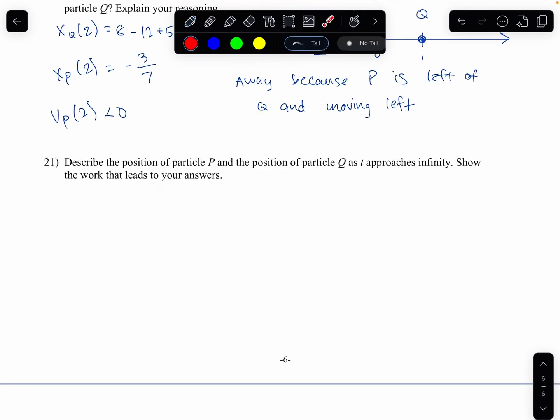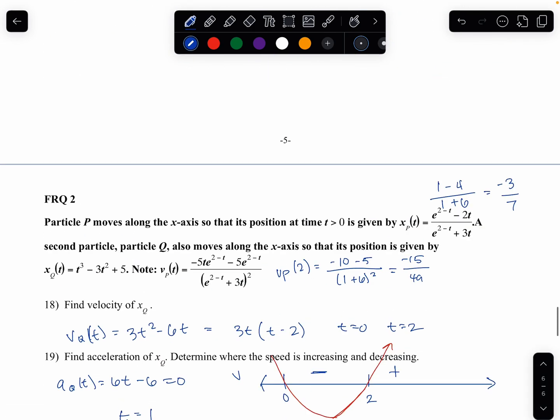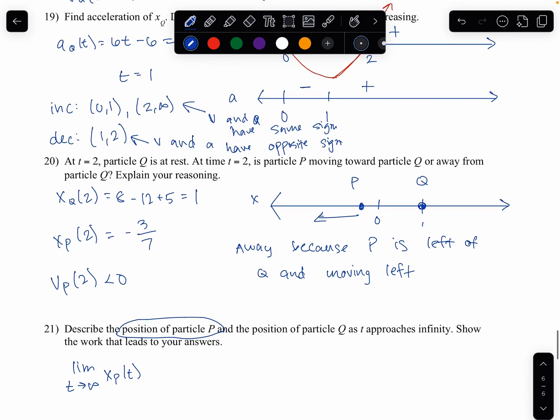Okay, so for 21, describe the position of particle P and the position of particle Q as t approaches infinity. So the limit as t approaches infinity, let's start with P. The position of P is xp of t, and xp of t is that equation given there.